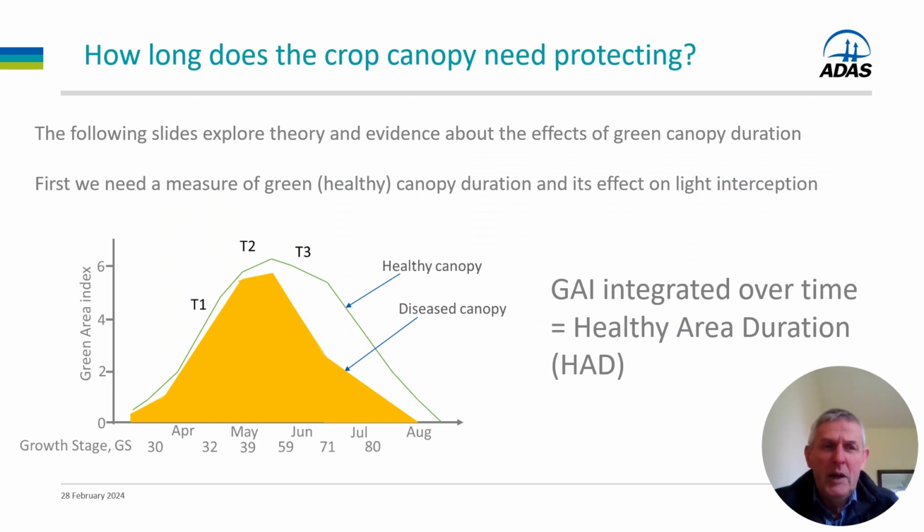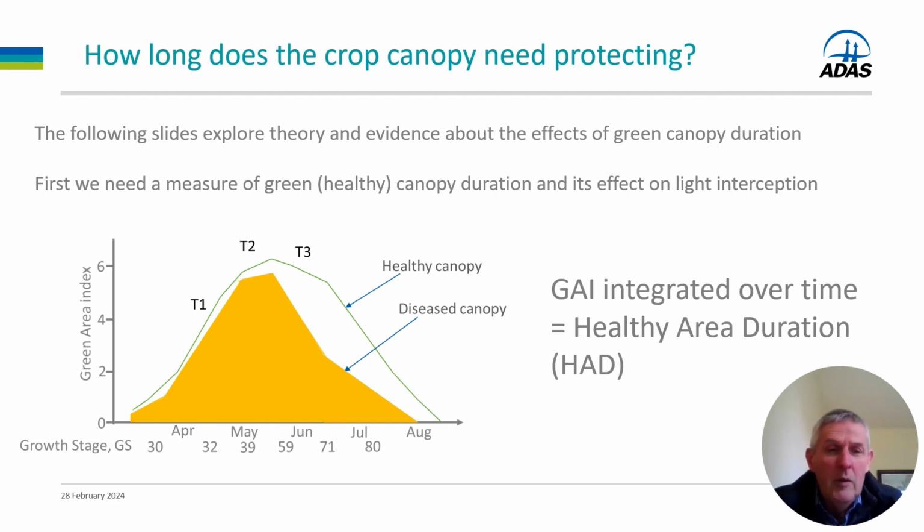So to be able to answer that question, we need a method of measuring canopy duration in order to be able to measure the effect of canopy duration on yield. And in this series of slides, we're going to explore some of the theory and evidence about the effects of green canopy duration. So there are two methods of measuring canopy duration that are commonly used.